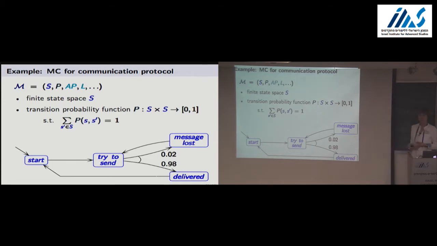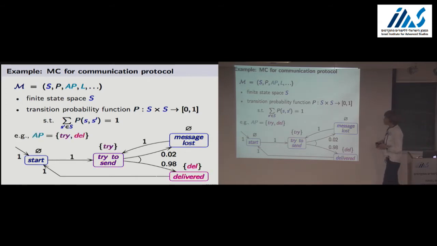to the starting state. Now here, these are probability values specifying the behavior in this state try, and for all other transitions, if I skip any annotation, I mean probability 1. For atomic propositions, for instance, you might just look for the number of trials until delivered.